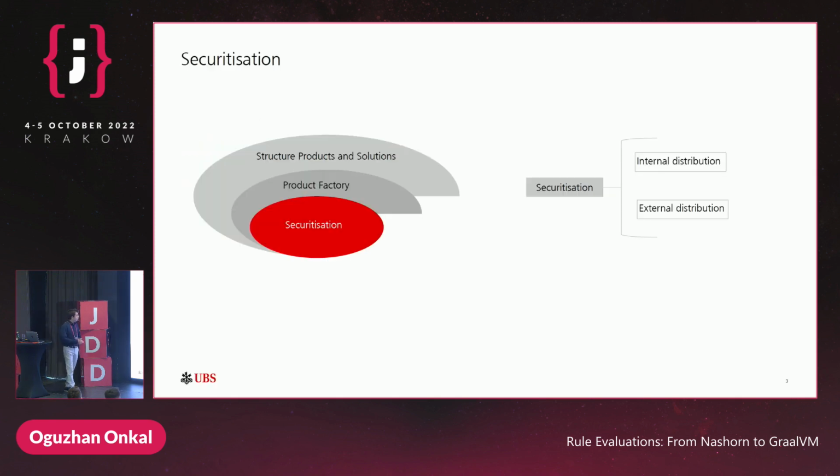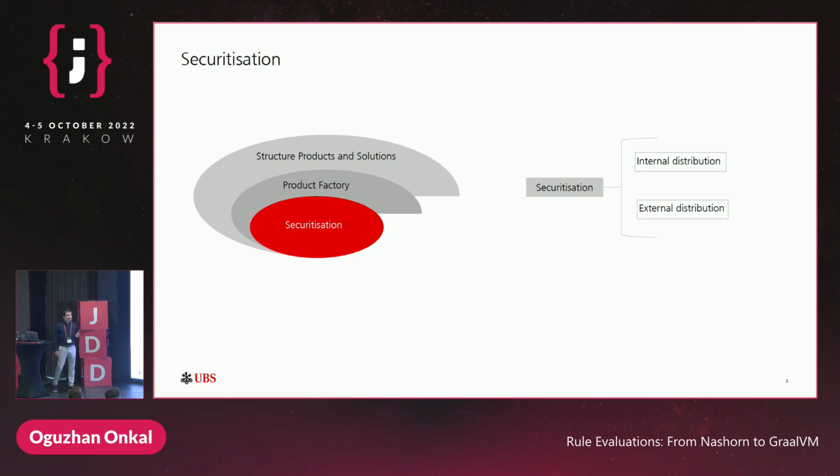I work as a software engineer at UBS in a structured product solutions stream. This stream has a product factory crew, which contains applications to create financial products. And inside this crew, there is a domain called securitization, and this is where I work.